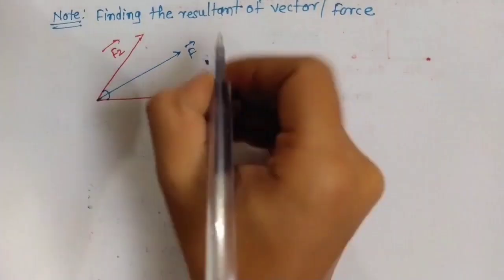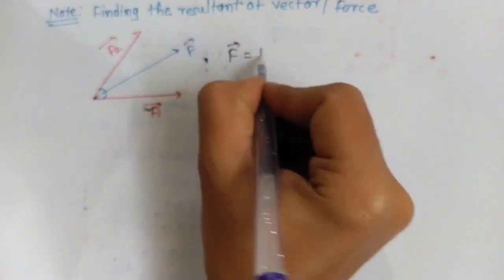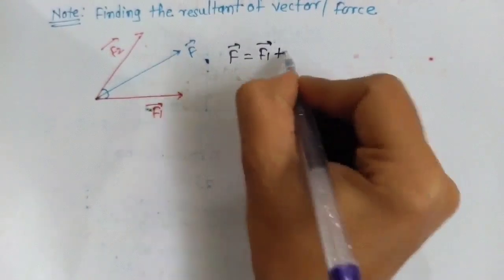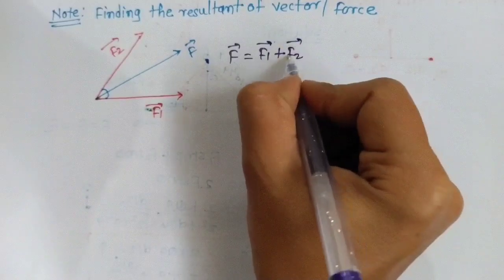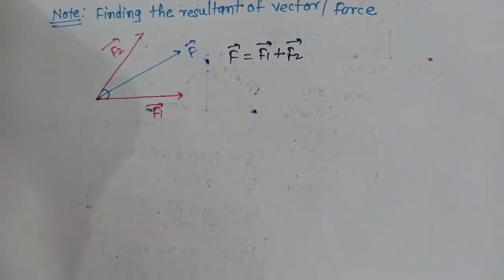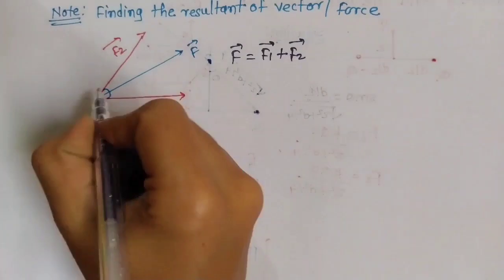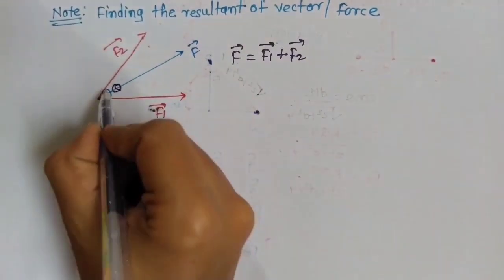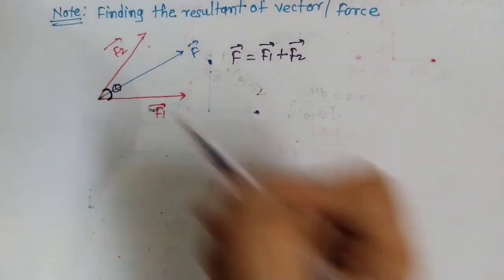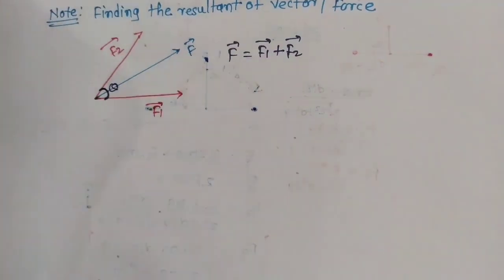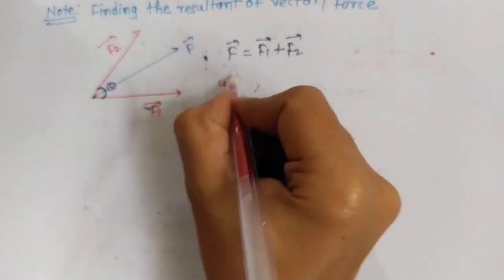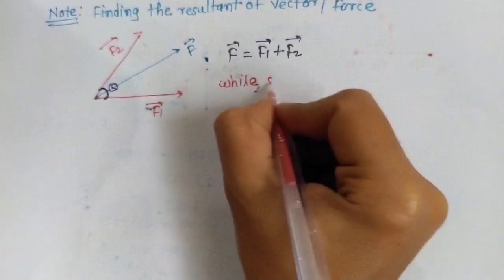So there is one formula for finding the resultant vector F bar. This is an angle theta, so theta is the angle between two vectors F1 bar and F2 bar.